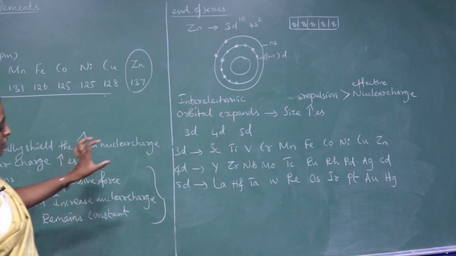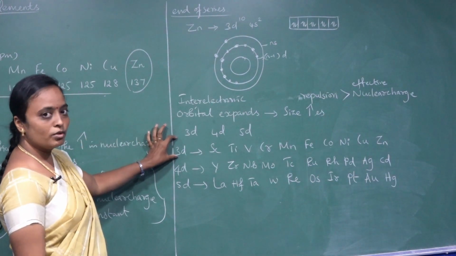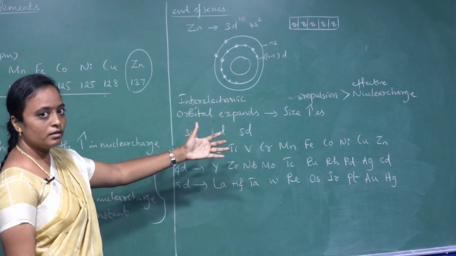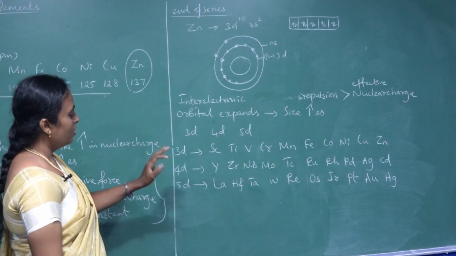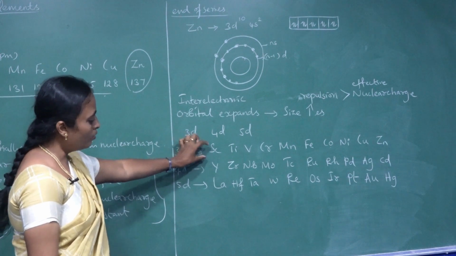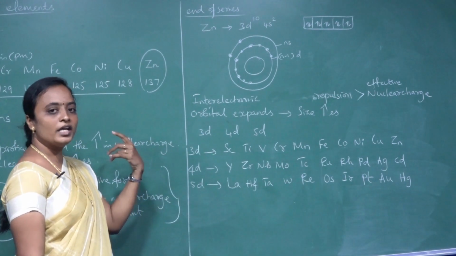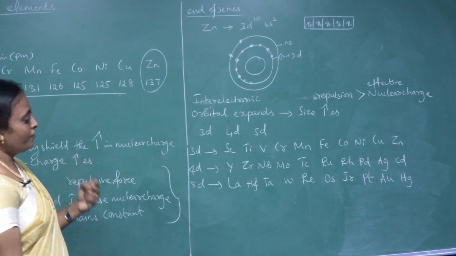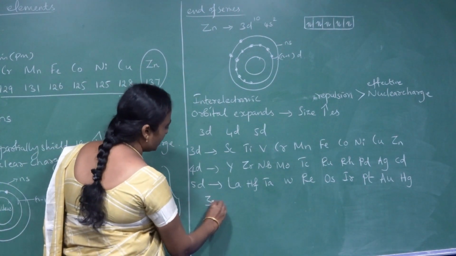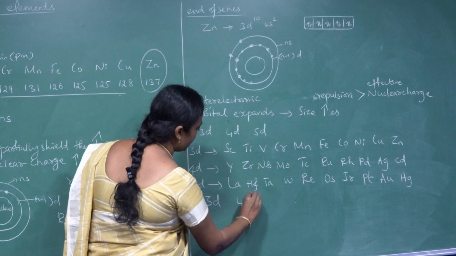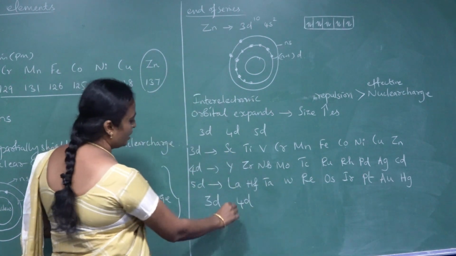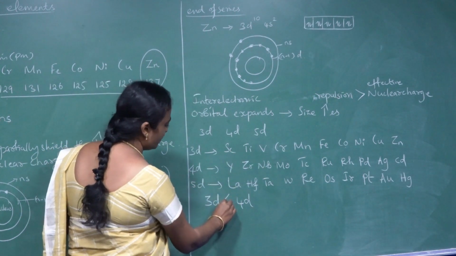I have already discussed the 3d series; there is an irregularity in atomic radii. Generally, when we move down the group, what happens to the atomic radii? Down the group, atomic radii increase. So comparing the 3d series with the 4d series, the atomic radii of the 4d series should be greater.